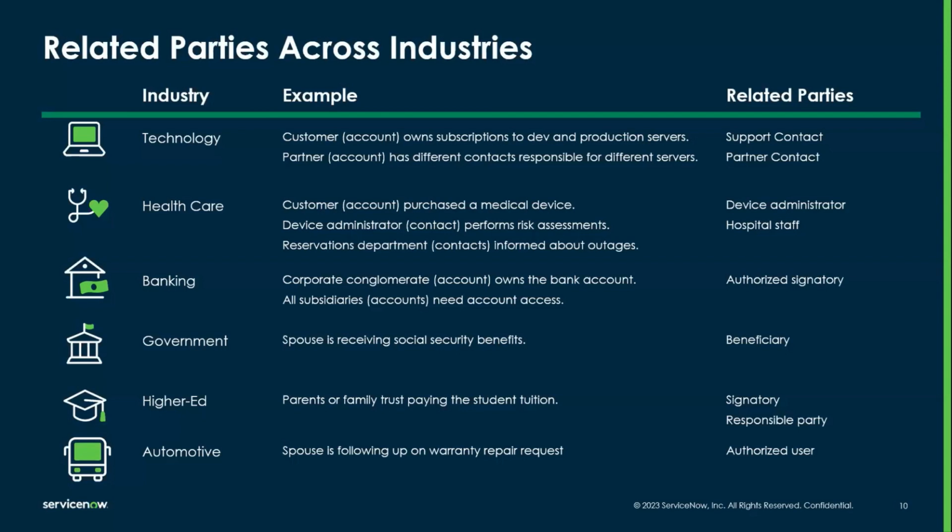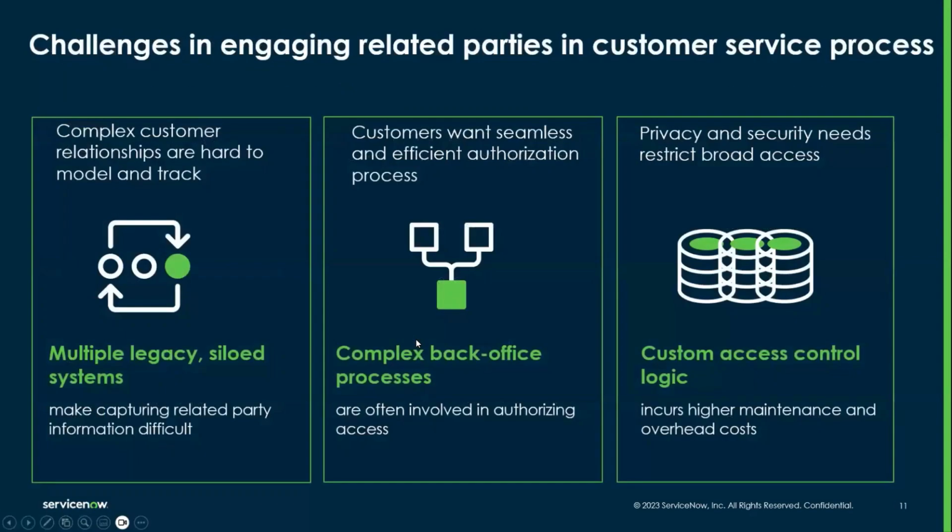There may be certain agencies who are helping these beneficiaries attain those benefits. Higher education, there are trusts or parents who are actually paying the tuition fee, so they are the responsible parties. Cars, appliances, general manufactured goods. Typically, you might have your family member, maybe there is a warranty request, repair request. They are following these. So these scenarios are very common in so many different industries.